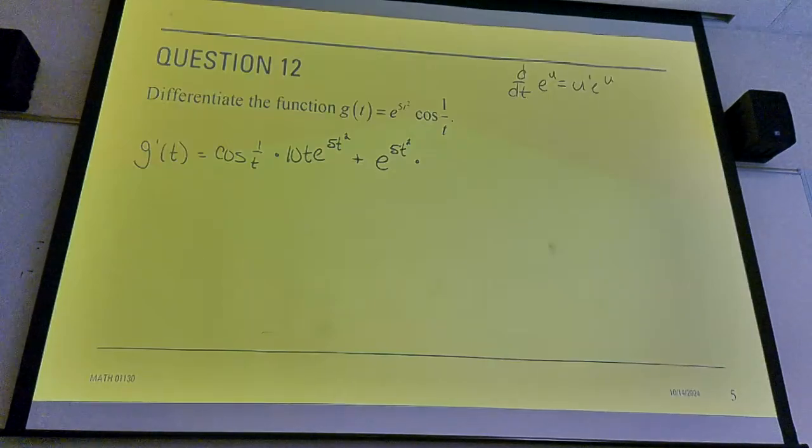You're not wrong with quotients, just to wind up with one of your terms being 0 anyway, because the derivative of 1 is 0. What is the derivative then of 1 over t? Negative t to the negative second power. So negative 1 over t squared. And derivative of cosine is negative sine. Negative times negative.